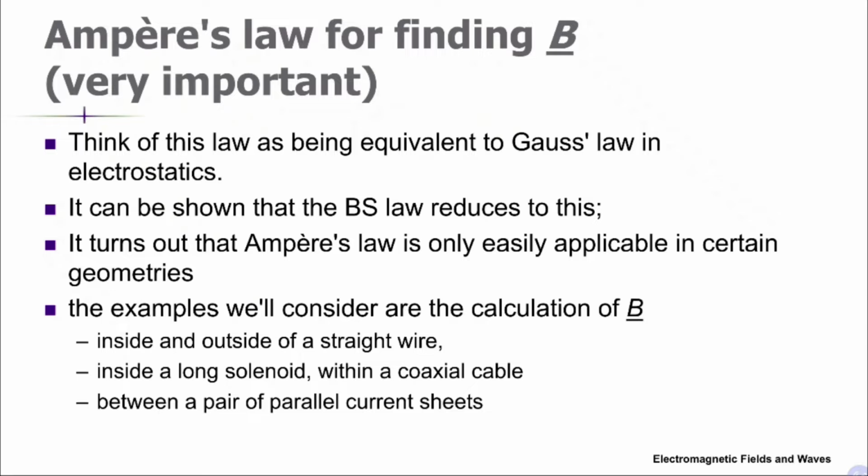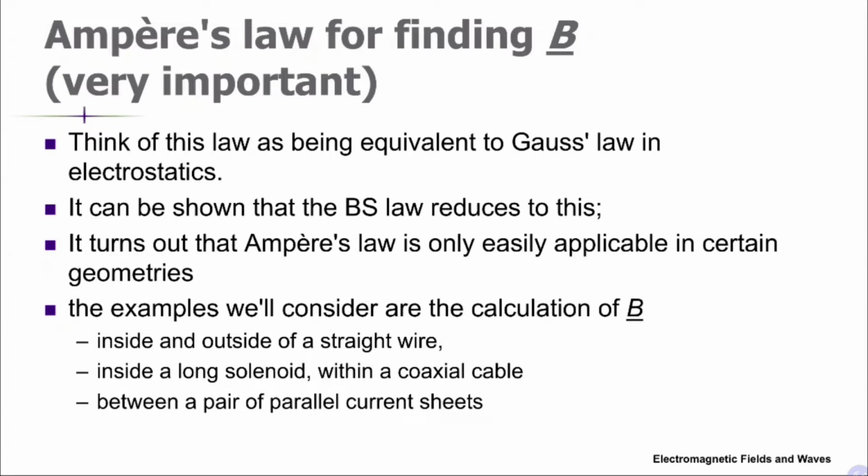Then there's another law called Ampere's law. You can think of this as the equivalent of Gauss' law in electrostatics, and hence the Biot-Savart law is equivalent to Coulomb's law in electrostatics. Ampere's law is easier compared to the Biot-Savart law, because with the Biot-Savart law, you need to do integrations over all the current elements to find the contributions.